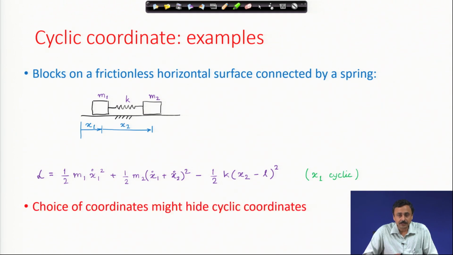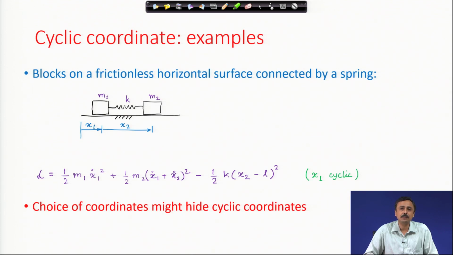Therefore, what we learn from this example is that the choice of coordinates can hide your cyclic coordinate. If you can see a cyclic coordinate, that makes it very easy, you have a constant of motion, and we all the time use constants of motion to integrate systems.